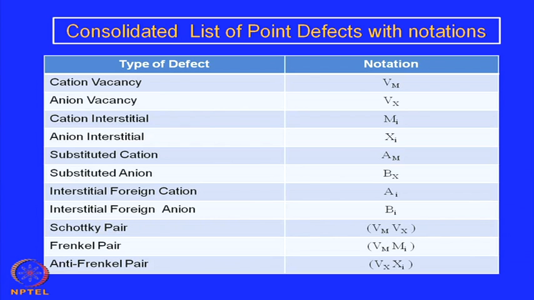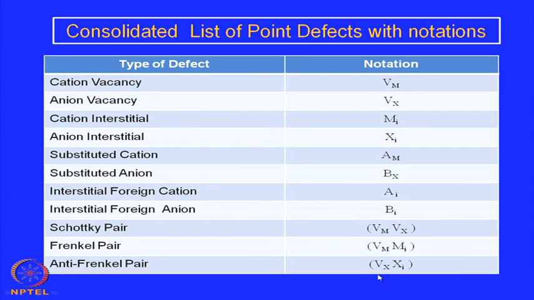oxygen sublattice. In fact, there has been a little bit of mismatch between this and the diagram. X we have not considered, X is actually oxygen, and M of course remains as M, and A is used here instead of L. So, anti-Frenkel pair is Vx, or we can call it Vo, and X interstitial.